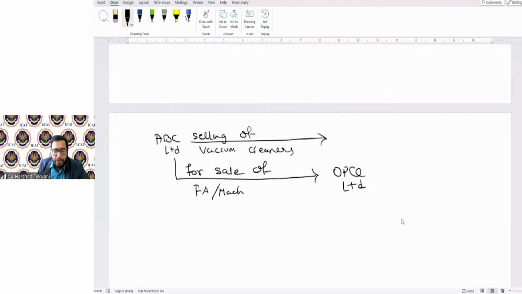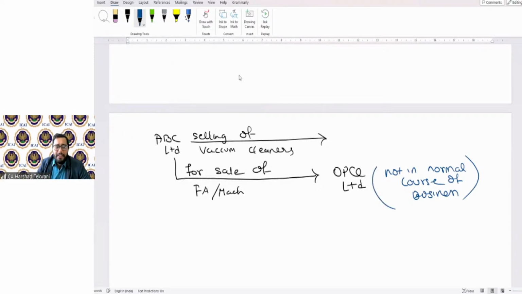This particular transaction is not in the normal course of business, meaning ABC Limited does not sell fixed assets on a daily basis; its business is not to sell fixed assets.